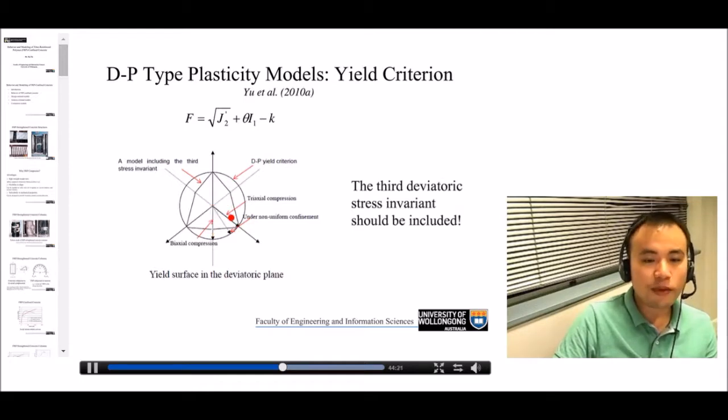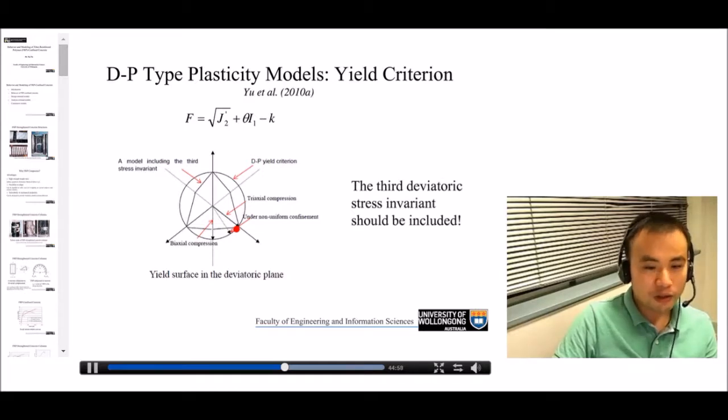If you look at these different stress paths, we assume this stress path is for concrete under biaxial compression, and concrete under triaxial compression will follow this stress path, right? So by using the DP yield criterion, we are implying that the J2 value for biaxial compression is the same as the J2 value for triaxial compression. It's the implication of the DP yield criterion.